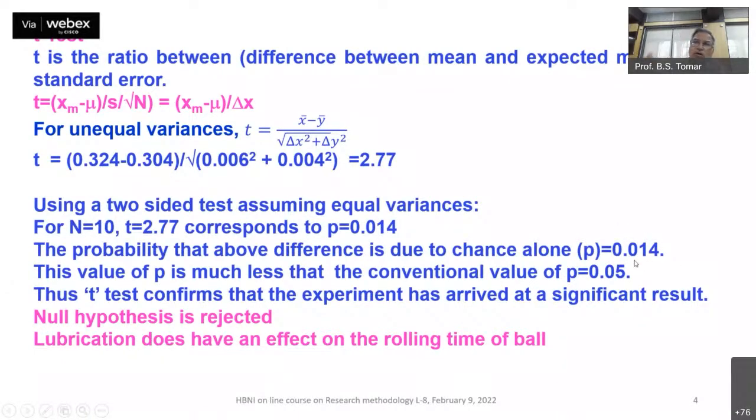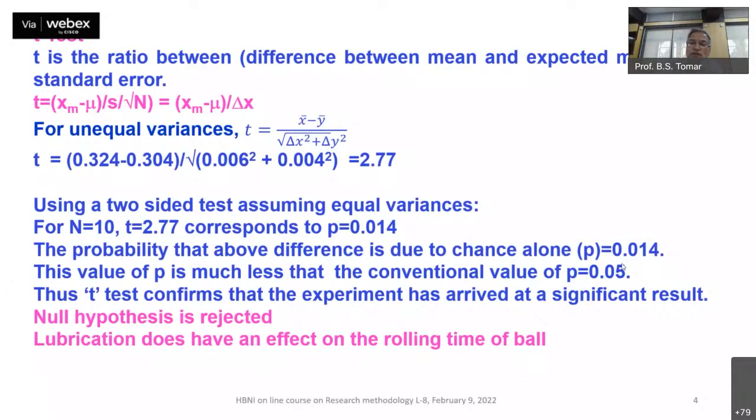If you see the Gaussian distribution and say alpha is 0.05, with 0.025 on each side, then the p value corresponds to the shaded area, which is smaller than 0.025. That means the difference is not by chance, it is significant. So this t-test confirms that the experiment has arrived at a significant result. It means there is a significant effect of lubrication on the rolling down of the ball.